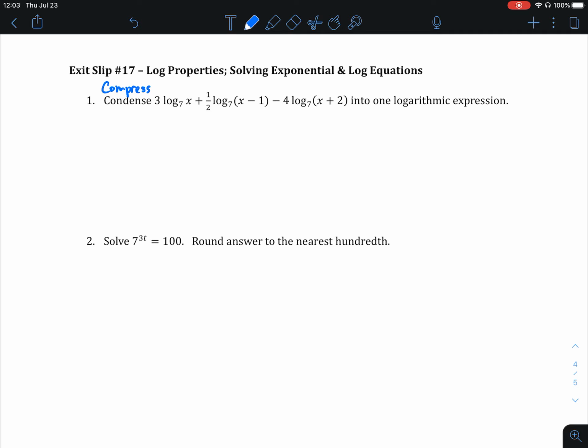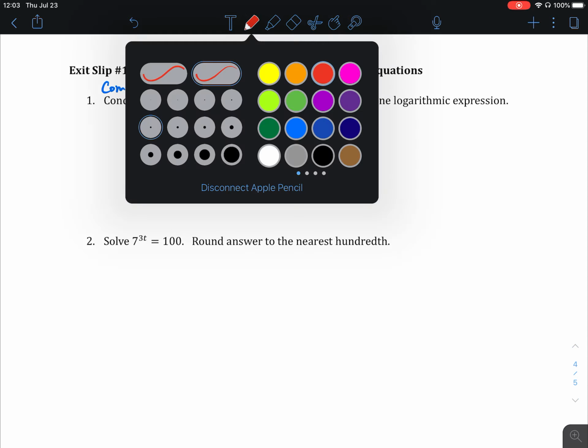The goal of this problem is to take these three logarithmic terms and use the properties to compress it into a single log term. A lot of times I like to start with just the power property. What the power property does is it allows us to move the coefficients of the logs on as exponents. So when we're compressing, that's a good starting point.